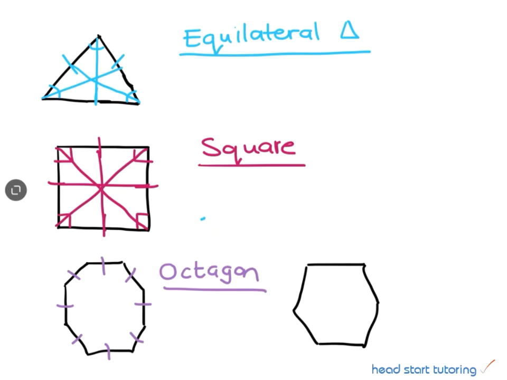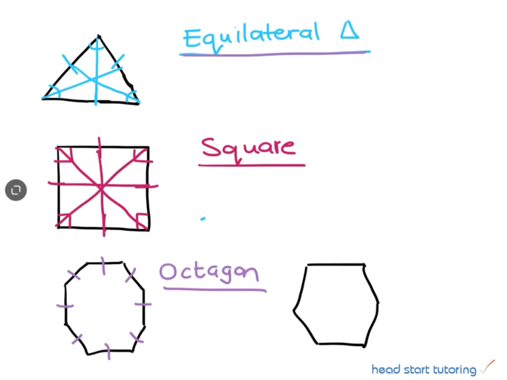I call it a regular octagon because regular polygons, and a polygon is a shape with 3 or more straight sides, have equal sides. So an equilateral triangle is a regular polygon because it has 3 equal sides, but a scalene triangle is an irregular polygon because it has 3 sides, but they are not all equal to each other.